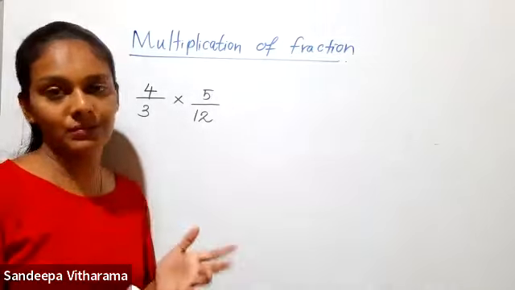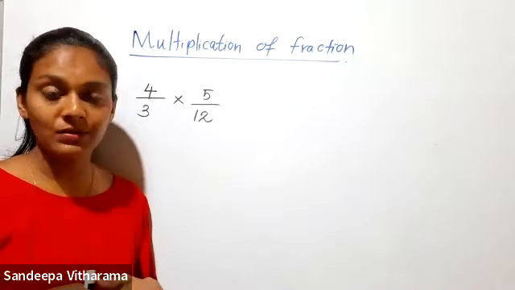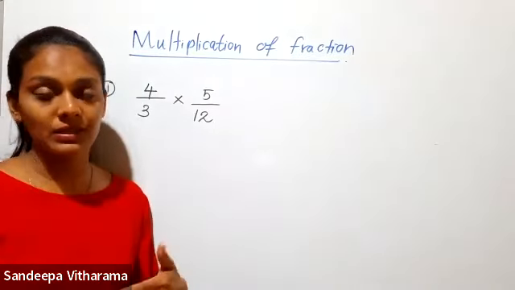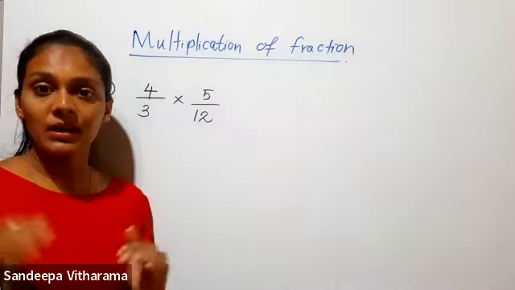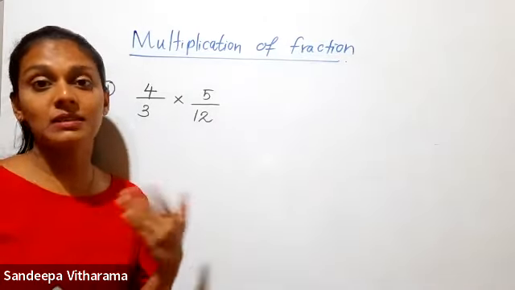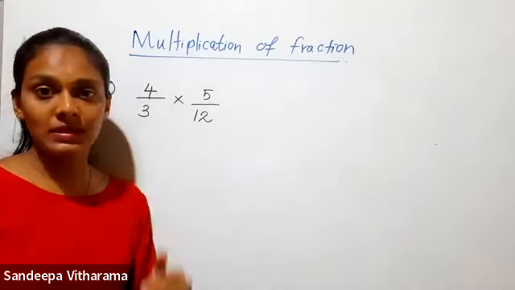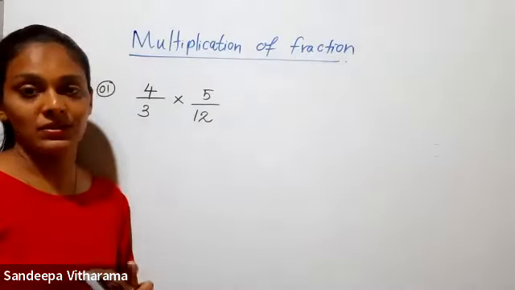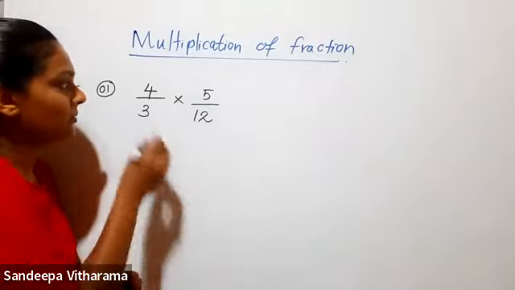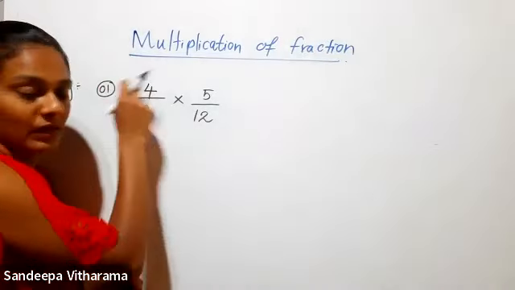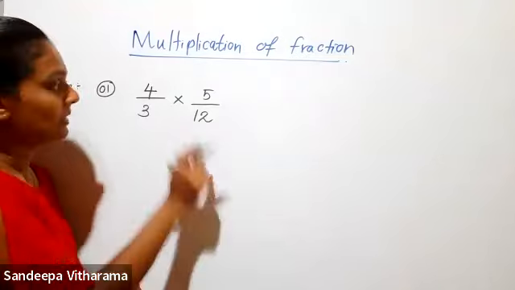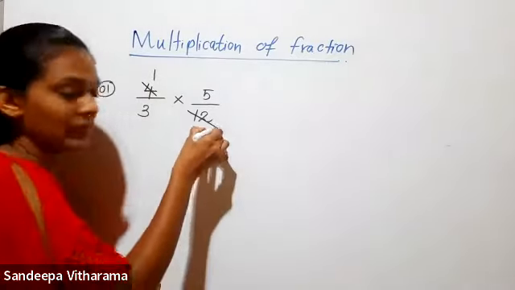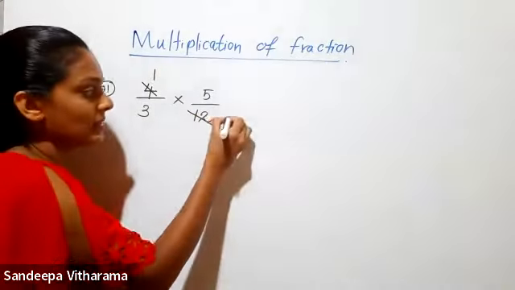However, our answer for the fraction should be in its simplest form. So you have to identify the common factors of the fractions. Look here, 4 and 12. We can divide 4 by 4, it is 1. We can divide 12 by 4, it is 3.